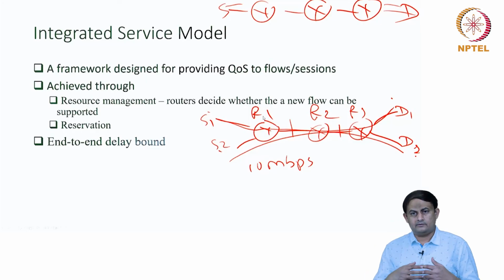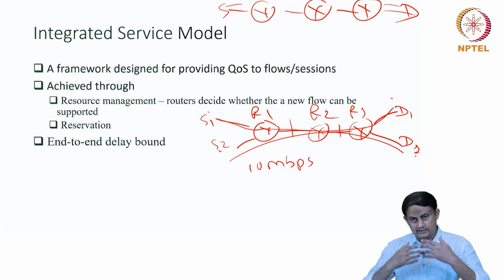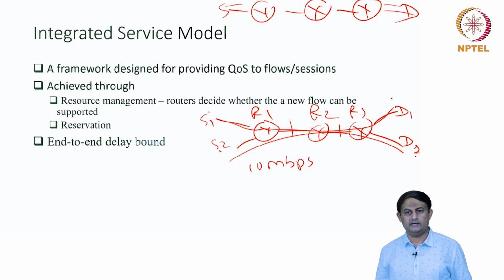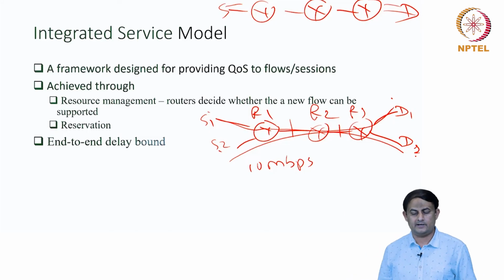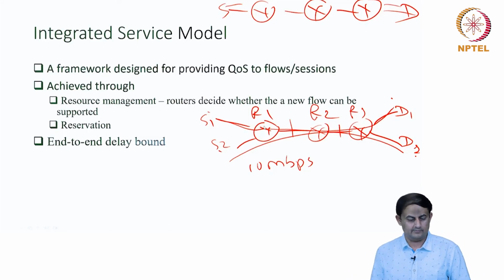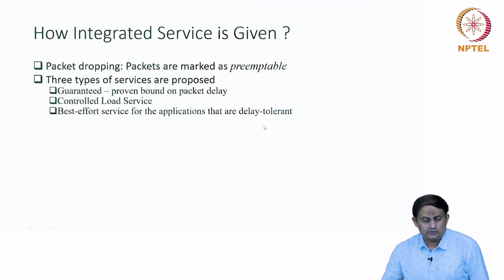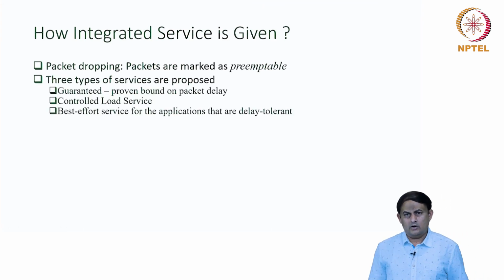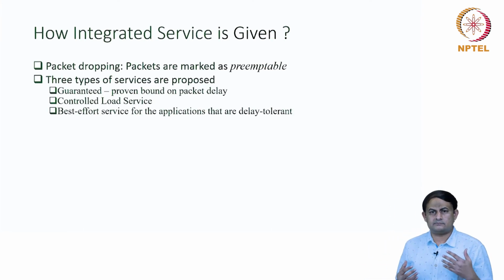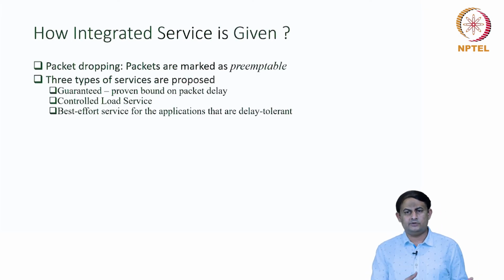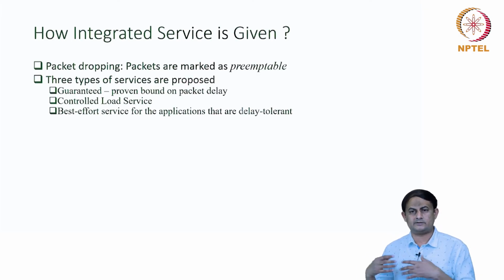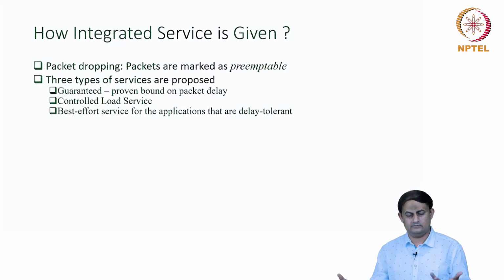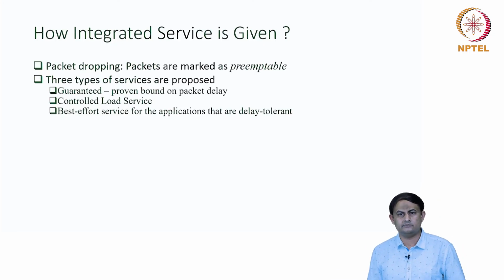If it incorporates these two, it gives some kind of end-to-end delay guarantee. So I can deliver this packet within a particular time bound. Now how exactly is this achieved? I said that you can do admission control, packet scheduling, and resource reservation.